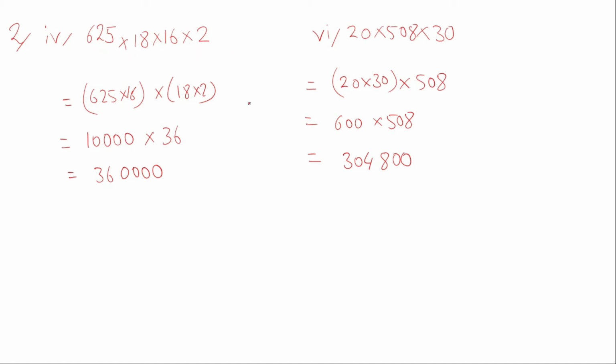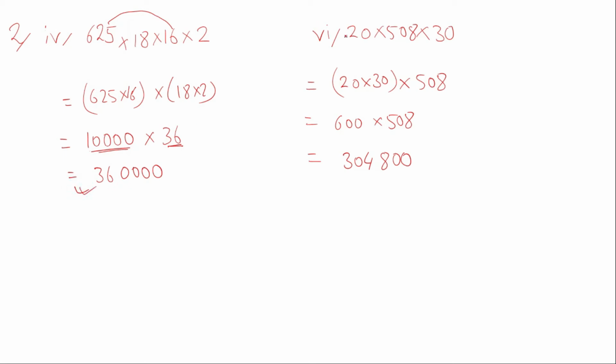As I have told you, we will try to make a multiple of 10 or 100 or 1000 or 10,000, etc. If we multiply 625 into 16, we will get 10,000, and we will multiply 18 into 2 separately, we will get 36. Now simply multiply 36 with 10,000.